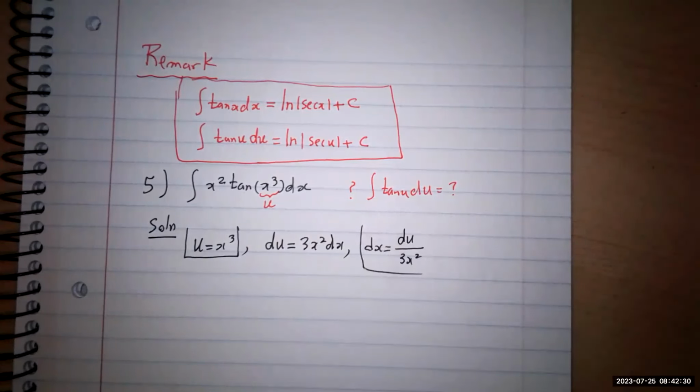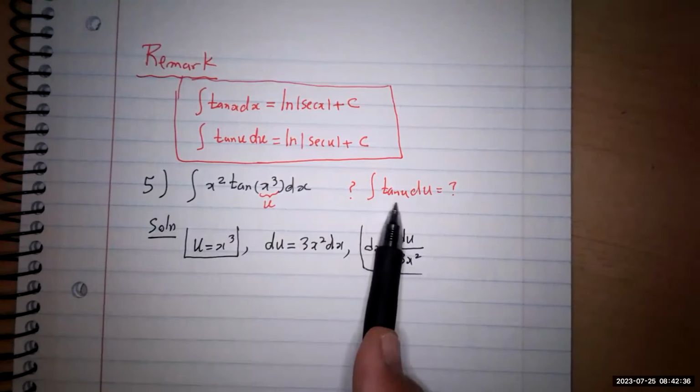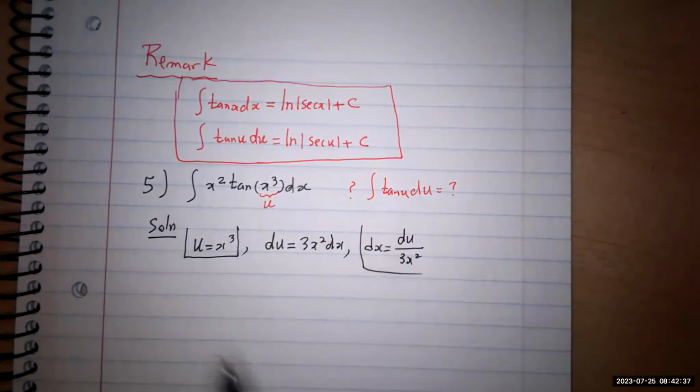Now go back and substitute. If you have done everything right, you must end up with the tangent of u. So bring the original one, it's x squared tan of x cubed dx. Substitute. You don't have anything for the x squared, no worry.